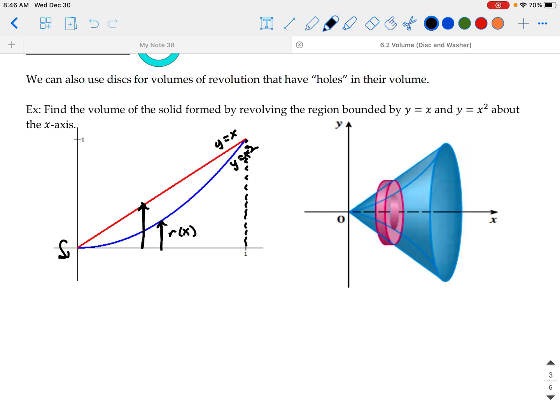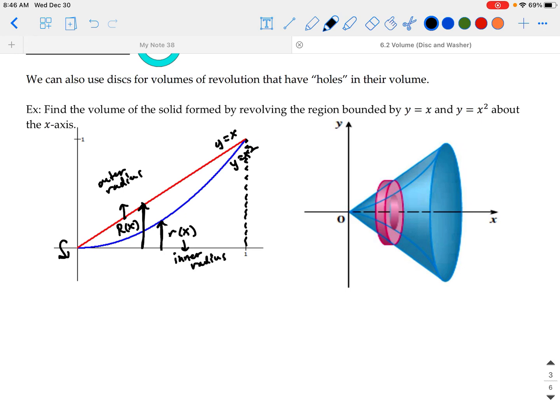The smaller distance, we're going to call little r of x, and the larger distance, we're going to call capital R of x. The little r is sometimes called the inner radius. The larger one is sometimes called the outer radius.